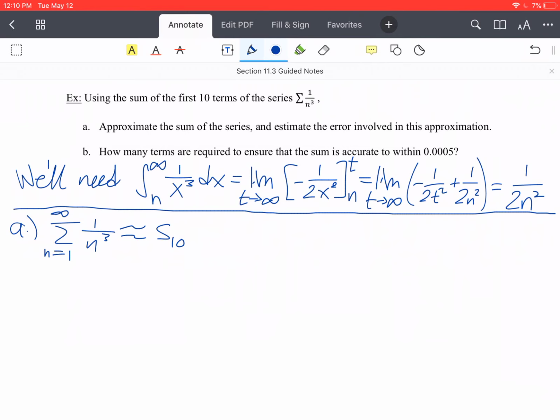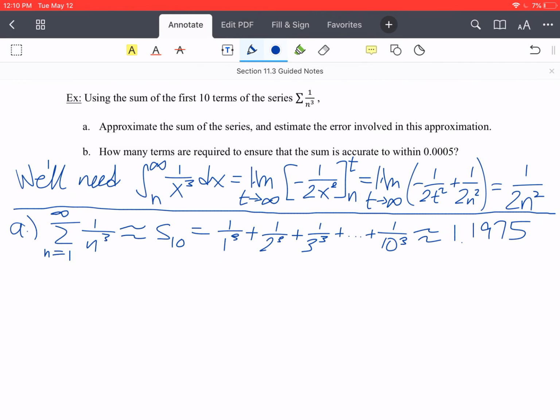Obviously, if you want a better approximation, you should use a larger partial sum, because the more terms you include, the closer you're going to get to the actual value. But this one just asks for 10. So that's going to be 1 over 1 cubed plus 1 over 2 cubed plus 1 over 3 cubed up to 1 over 10 cubed. And if we plug and chug that, it is approximately 1.1975.